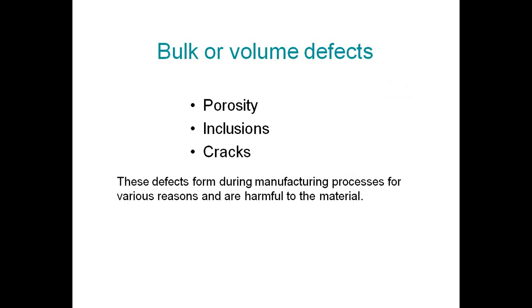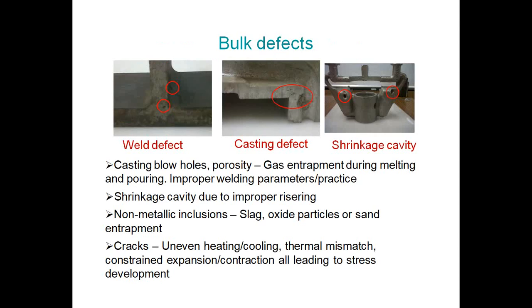So the last one is the volume defect, or we can call it the three-dimensional defect. The three-dimensional defect produces porosity, inclusions, and cracks. These defects form during the manufacturing process for various reasons, and they are also harmful to the material. So here are some examples where we are going to get this kind of bulk defects.